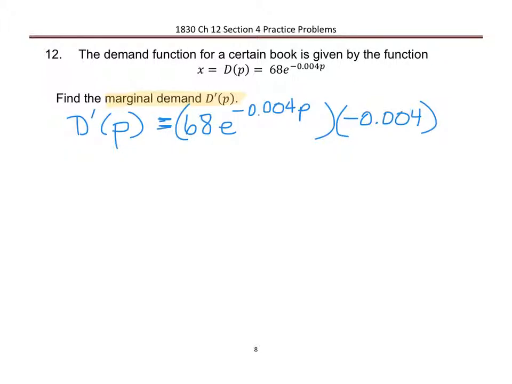And 68 times negative 0.004 is negative 0.272. e to the negative 0.004 P.